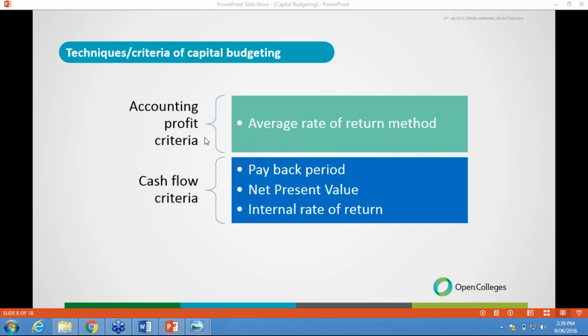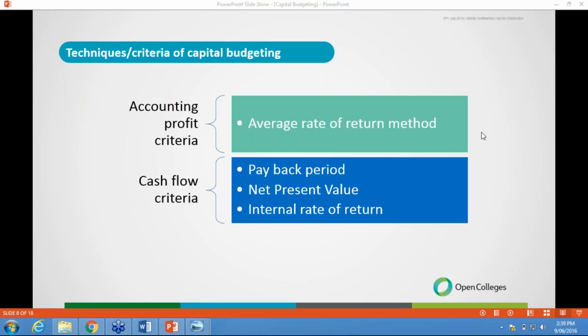The accounting profit criteria we use in only one method, that is average rate of return. Normally people call it average or accounting, it's one and the same thing, so accounting rate of return or average is the same. In this method we use accounting profit, and payback, net present value, and internal rate of return, these three methods use the cash flow criteria.